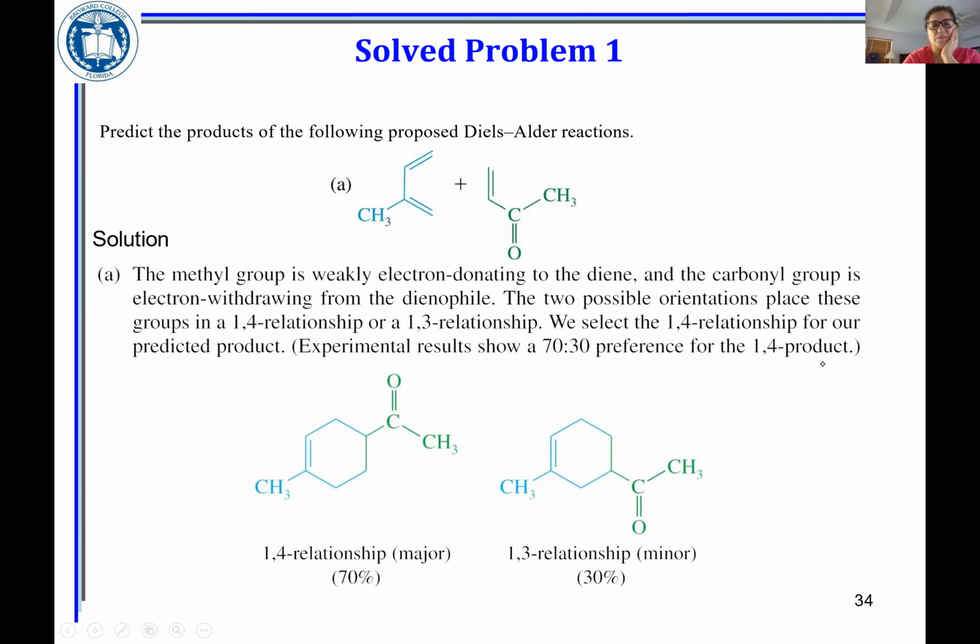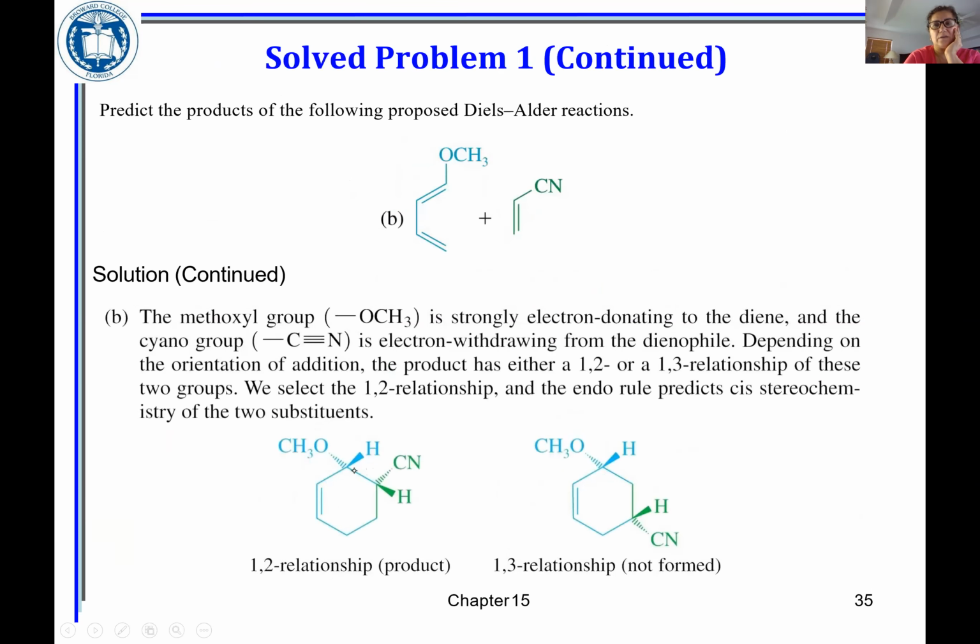And then you have some solved problems, and that has to do with the position of the branches that you have, if it's a 1-3 or if it's going to be 1-4 in their relationship. You would get a specific configuration for it.